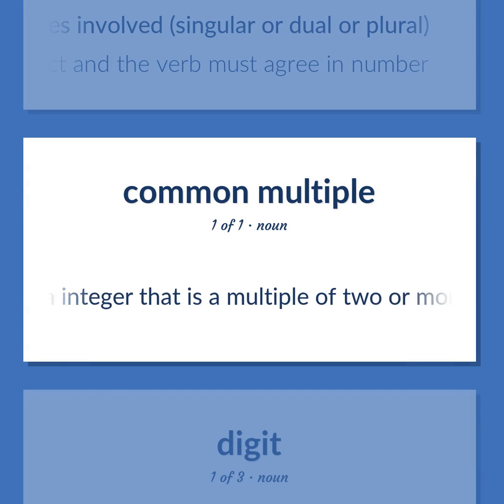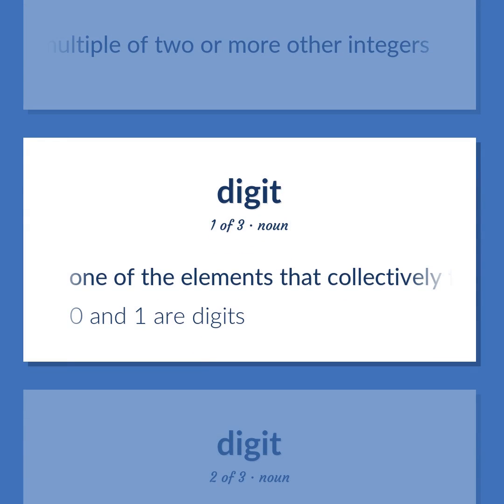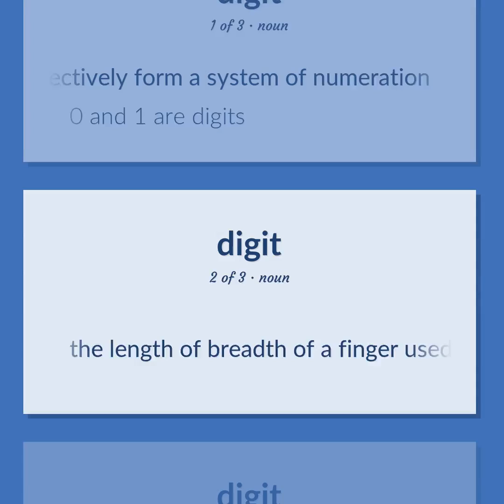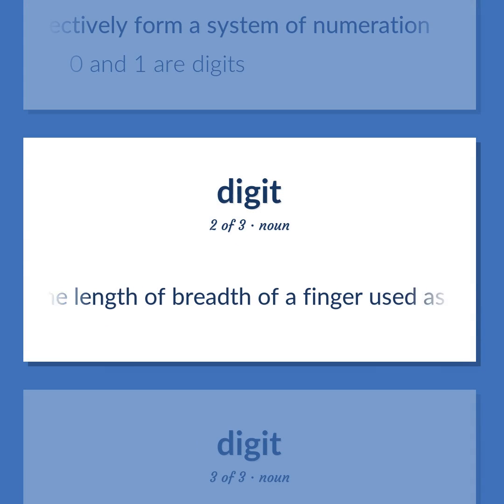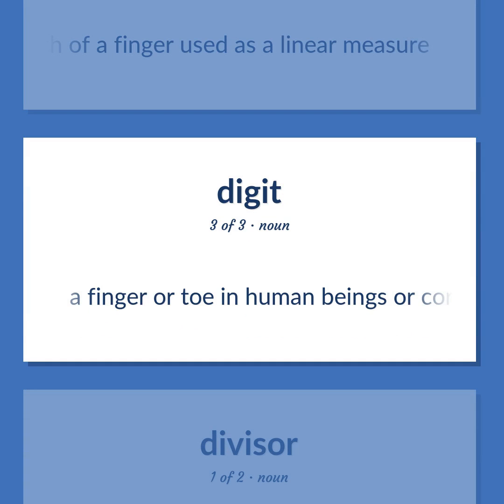An integer that is a multiple of 2 or more other integers. One of the elements that collectively form a system of numeration. 0 and 1 are digits. The length of breadth of a finger used as a linear measure. A finger or toe in human beings or corresponding body part in other vertebrates.